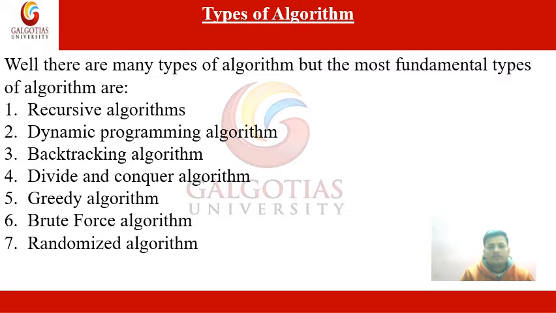Next is divide and conquer algorithm. Divide and conquer means, suppose there is a heavy problem and we are going to divide this problem into a number of subproblems, and we are finding out the solutions for these subproblems, and these subproblems may or may not be dependent on each other.